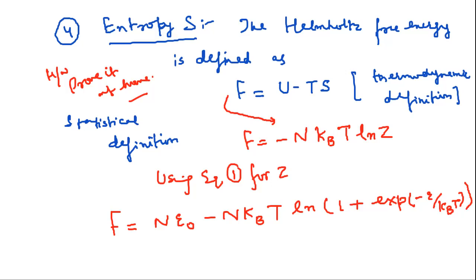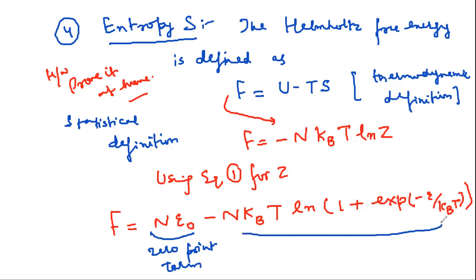Again, this first term is the 0-point term. Let me use another color here. So this n epsilon naught is the 0-point term, and the second term is the thermal term of the Helmholtz free energy of this assembly.